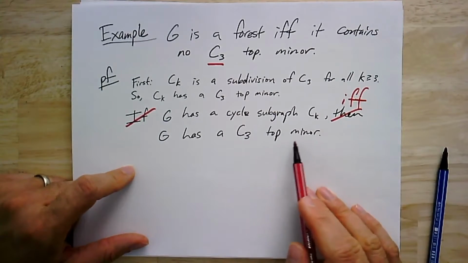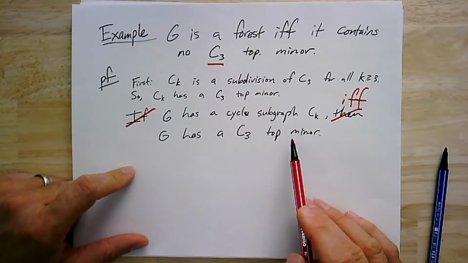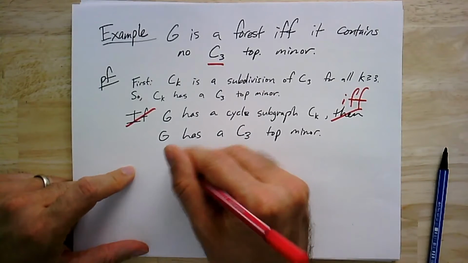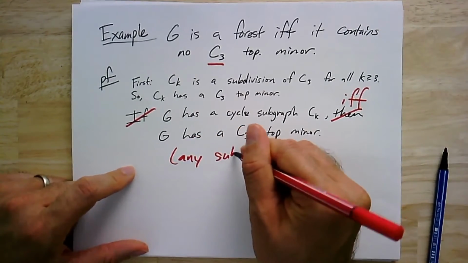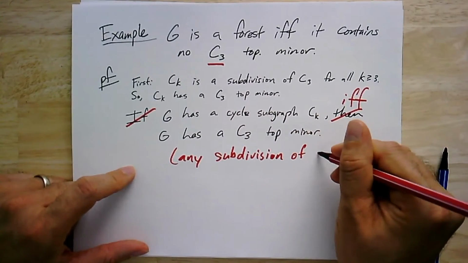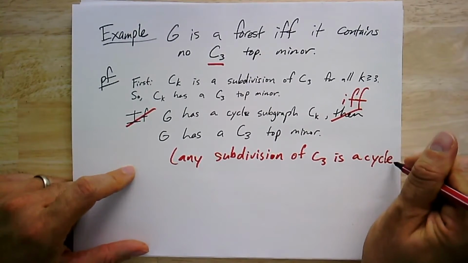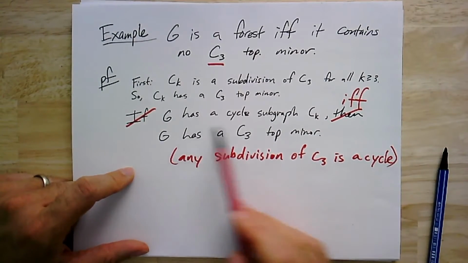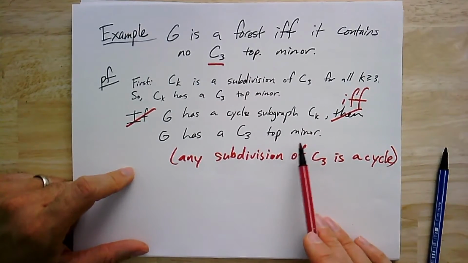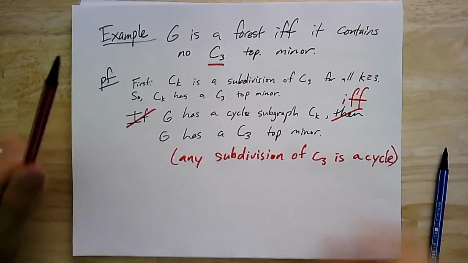If it has a C3 topological minor, then it must have a cycle subgraph, because any subdivision of C3 is a cycle. Okay, so this means that the graph is going to have a C3 topological minor if and only if it has a cycle, and therefore it has no C3 topological minor if and only if it's a forest, which is exactly what we wanted to prove.